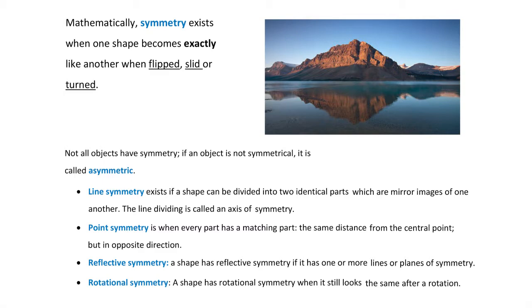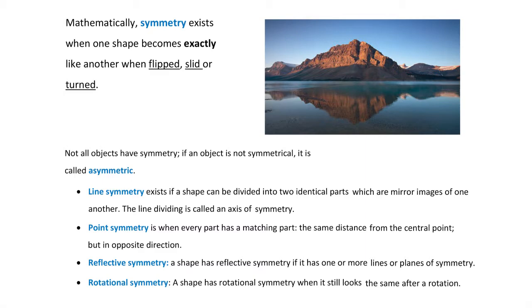Look at the lake on your screen. The reflection in this lake has a line of symmetry. You can see the line reflecting what's on top in the lake. So that's a line of symmetry.